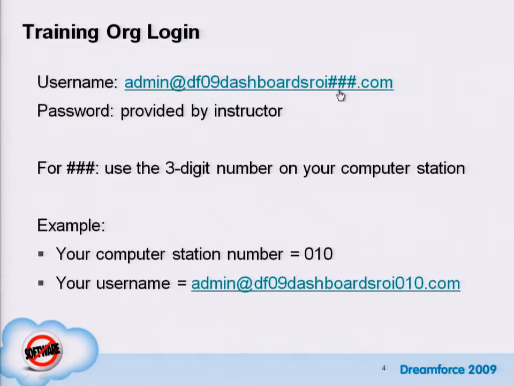So, for example, if on your monitor you have the digit 010, your username this afternoon will be admin@df09 dashboards ROI 010.com. Nice and easy to remember. Okay? So try typing that into the username field, and your password this afternoon is password1. That's password lowercase and the number 1 as opposed to the word 1.